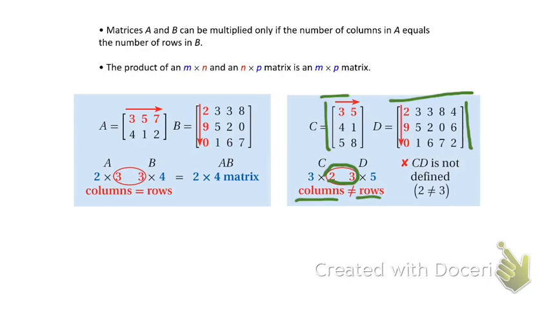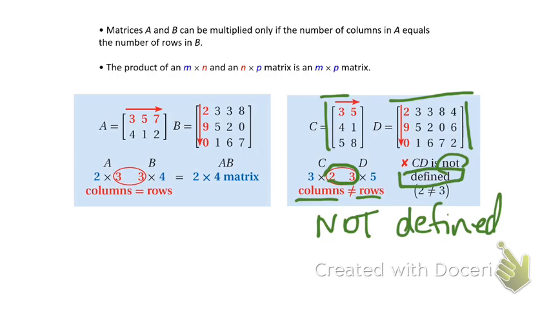Therefore, another important vocabulary word for you is defined and not defined. We cannot multiply these together because the columns and rows don't match, so they are not defined. In the previous case, since we were able to multiply them, we would say that they are defined.